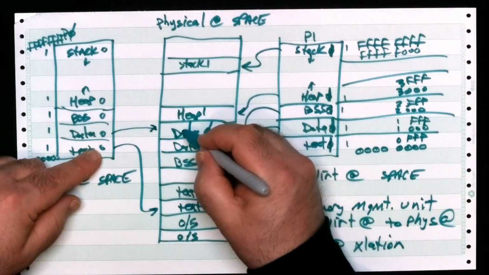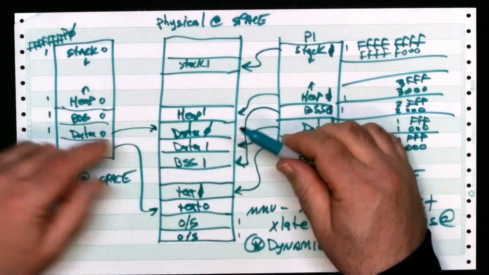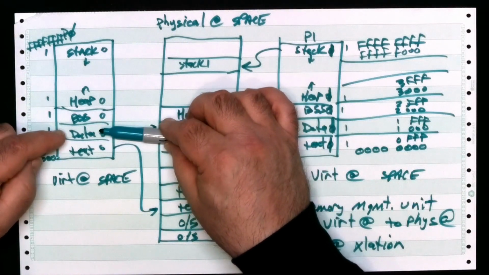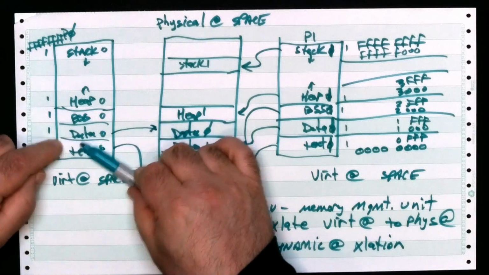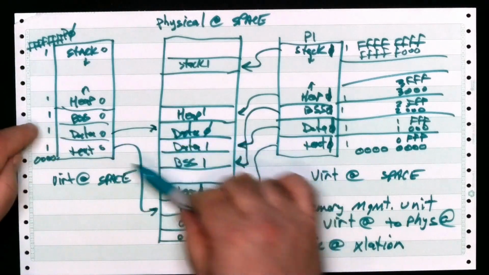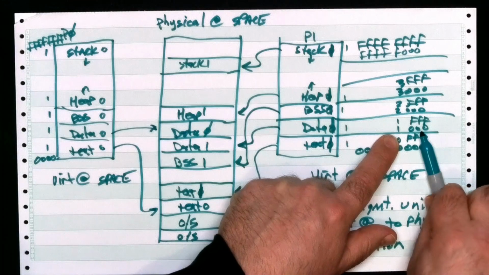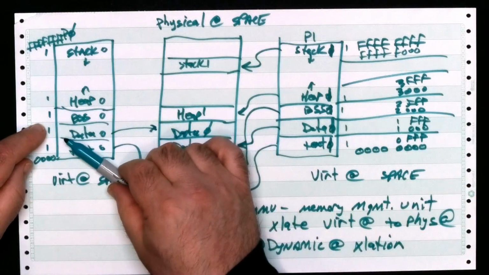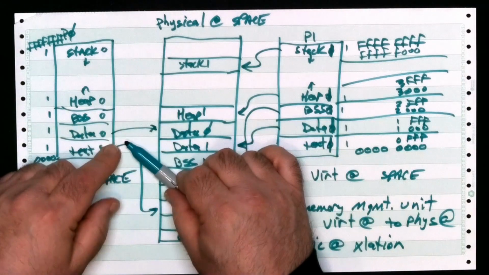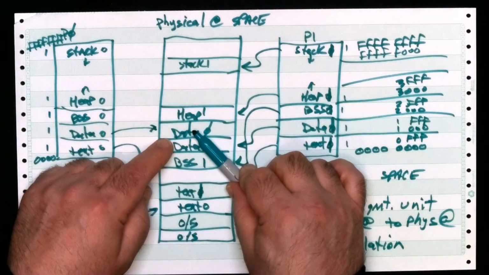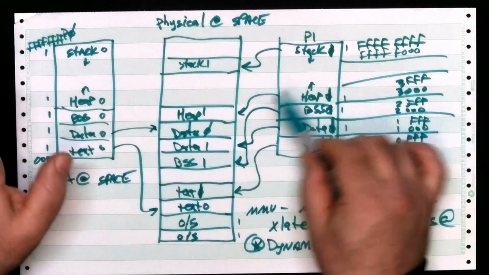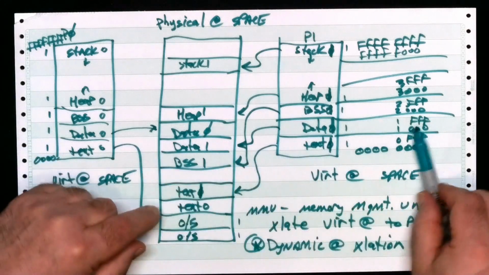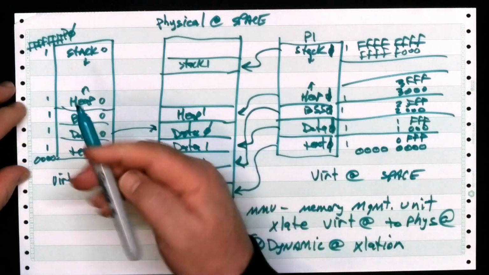As we can see, it doesn't matter where they go, as long as somebody says, when you need to access any bytes in this data section's address range, which is from 1000 in hex to 1FFF in hex, translate it to look over here, wherever that might be, a completely different place in the physical space, right? Clearly, it's not at 1000 in hex, which is where this second page really is.